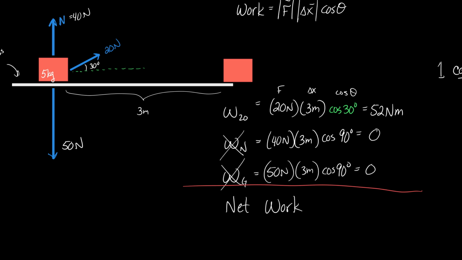The word net here means the same thing it meant before when we talked about force. Net force means adding up all the forces in the system. Net work is adding up all of the work in the system. Net work represents the total work done on the object. In this case, 52 joules of work was done on the object.